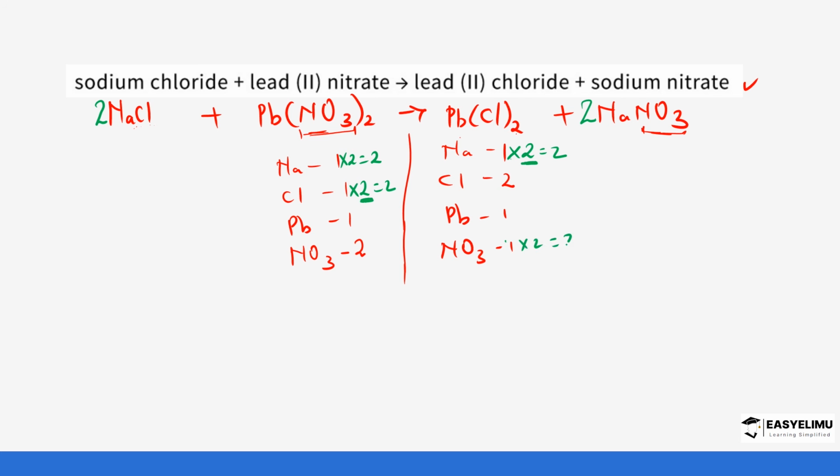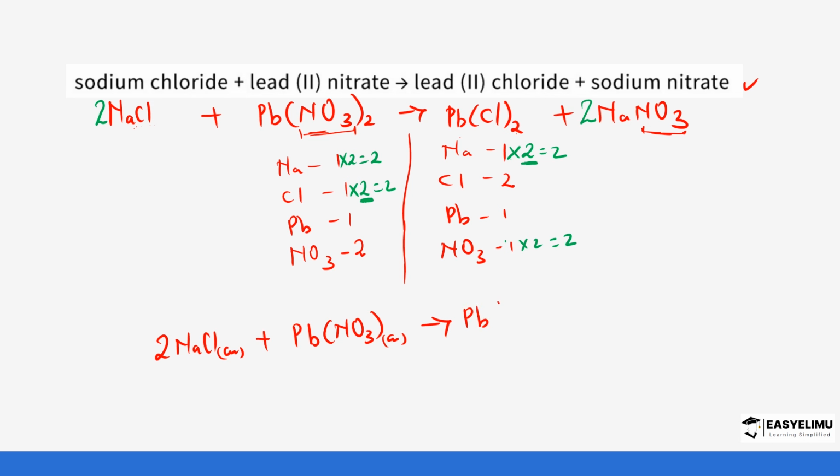And as this balances the whole equation, it's not complete. Let us complete it. So this becomes sodium chloride, which is aqueous, reacts with lead nitrate, which is also aqueous, to form lead chloride, which is solid in state.